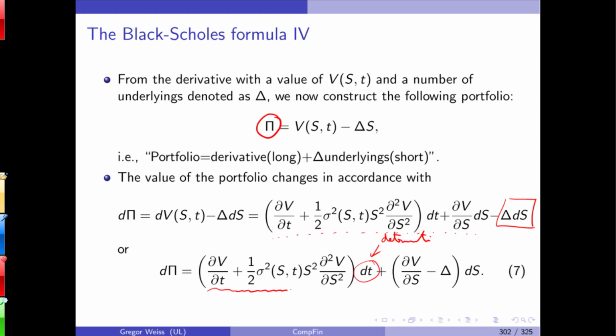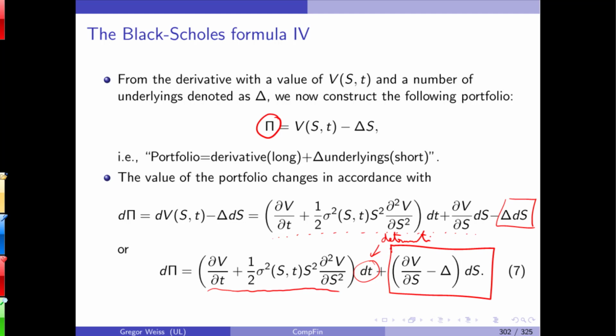This here then is also deterministic. So d pi, the change in the portfolio price and portfolio value, becomes deterministic if this part here is 0.